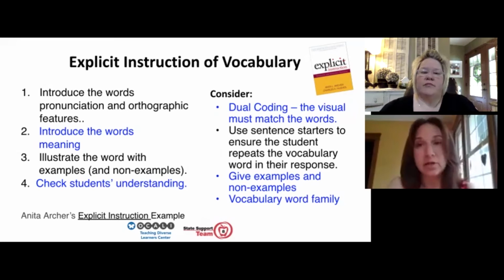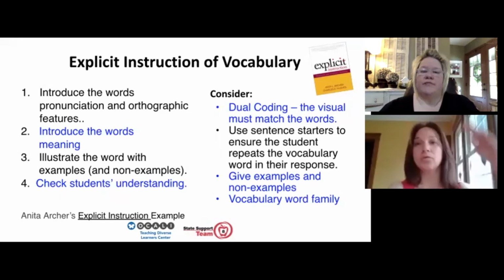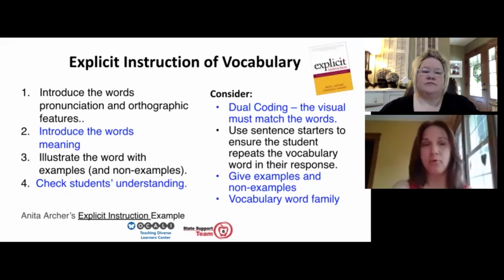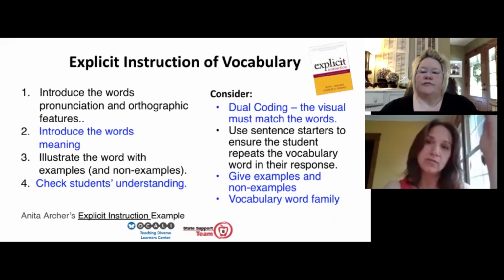And I highly encourage you, if you have the opportunity, to watch any of Anita Archer's vocabulary explicit instruction videos. She goes through from step 1 to step 4, everything you need to know. So on the left-hand side are the 4 steps of explicit instruction. Go back to session 2 if you would like to know more about that.